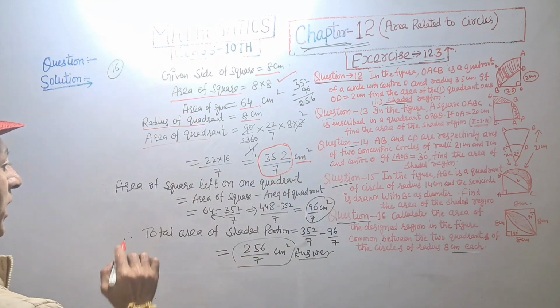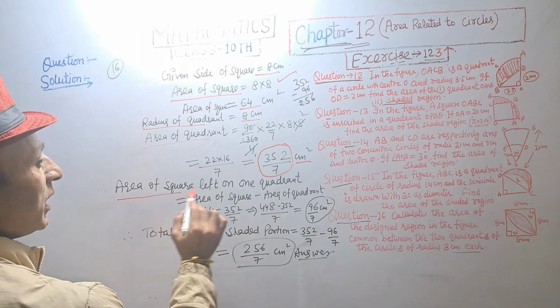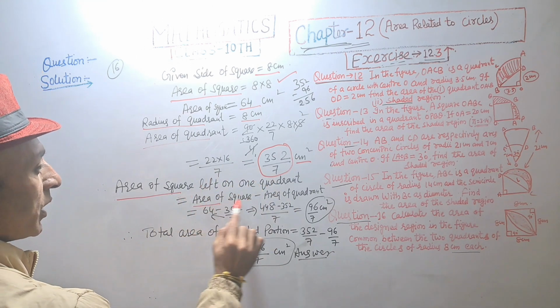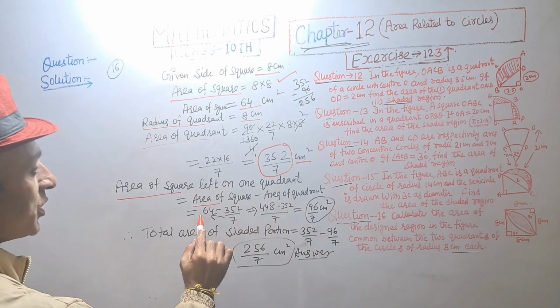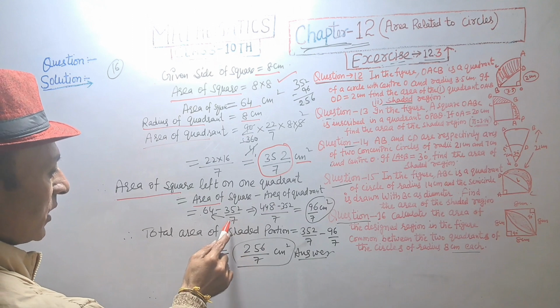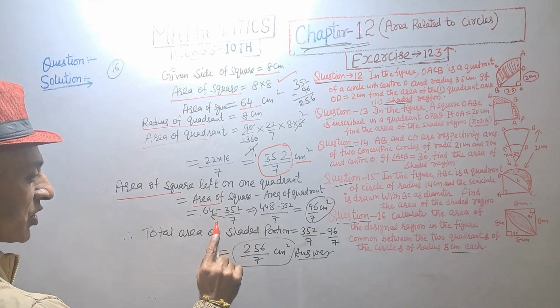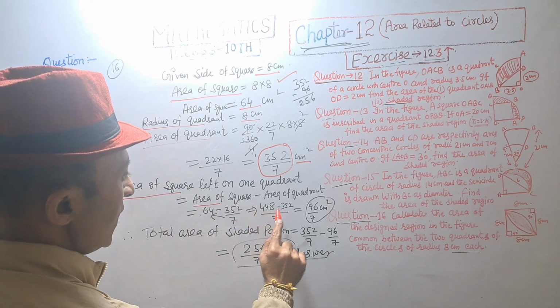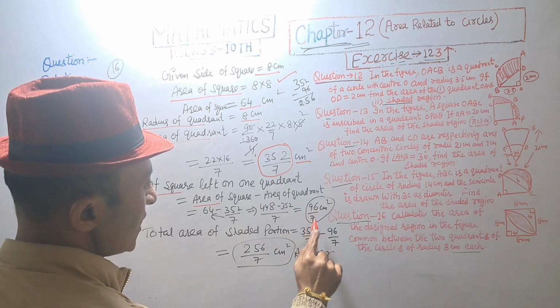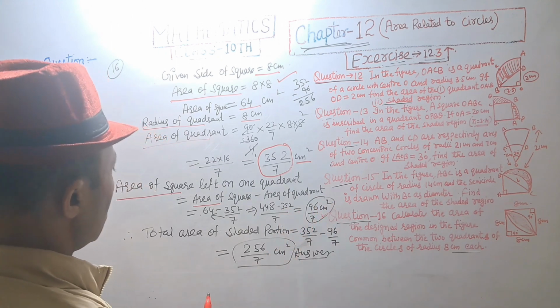This is the area of the quadrant, and the area of the square left on one quadrant is equal to the area of the square minus the area of the quadrant, 64 minus 352 upon 7. 7 multiplied by 64 is 448 minus 352, that is equal to 96 upon 7 centimeter square.